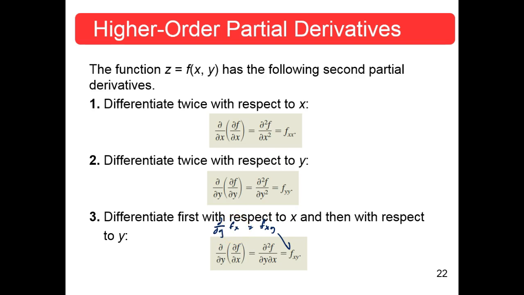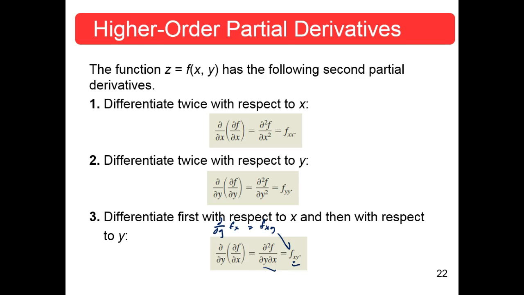Notice the x's and y's are reversed from what they are here, because here you're taking the partial with respect to x first, then taking another partial of that partial with respect to y. So you see these two do produce inverse kind of operations. Okay, you're doing the same thing, but the nomenclature, the way you write it, looks different, because it is.